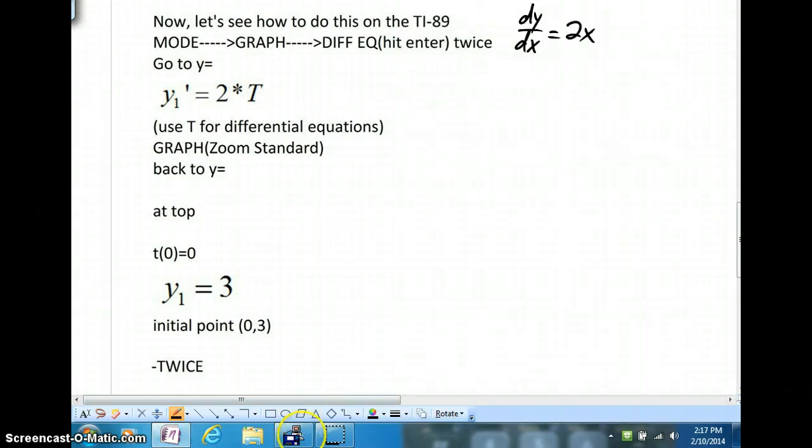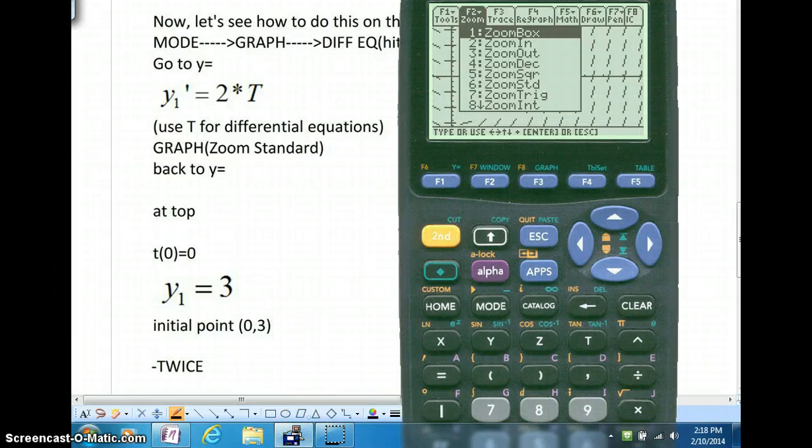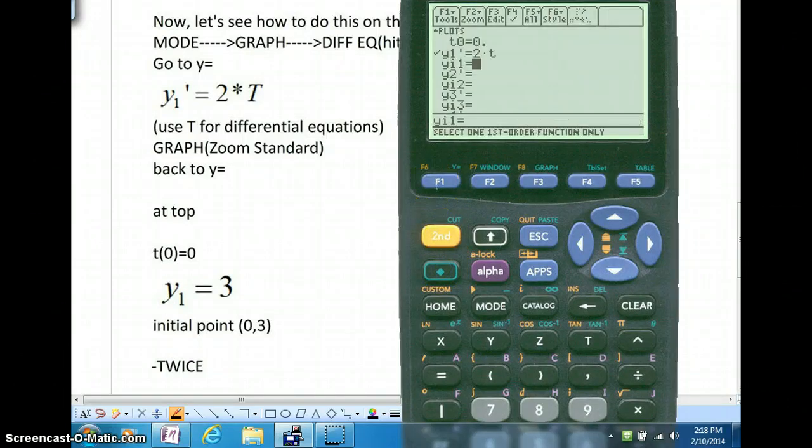Well, that's all well and good, but you might wonder, what about the initial condition? Now, what if you have a point 0, 3 and you'd like to throw that in? Now, I know that wasn't our original problem, but let's just say it was. Let's go to green diamond y equals. At the top, you type in t0 equals 0, and you can go all the way up there.